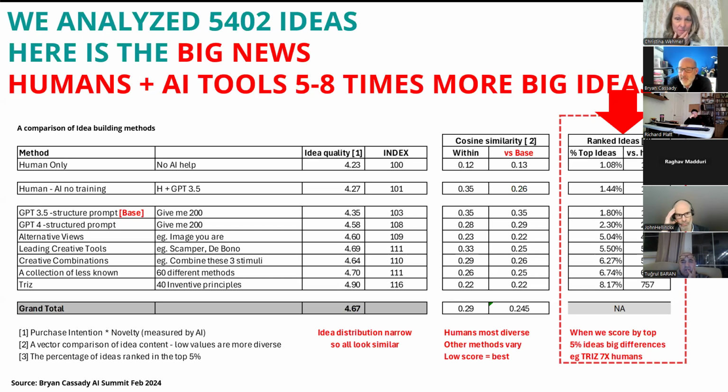But when you throw AI in the mix, we're looking at 5 to 8 times more top ideas. And this, my friends, is not the number of ideas, but the hit rate. It's the on-base percentage. So we're looking at 8 good ideas per 100 from AI, 1 good idea per 100 from human beings.